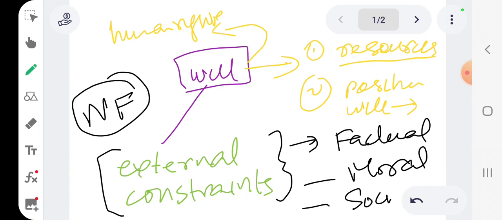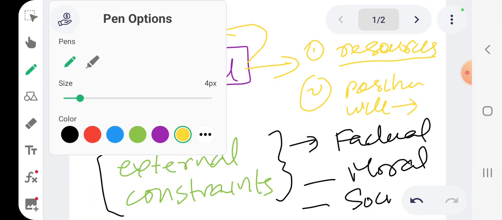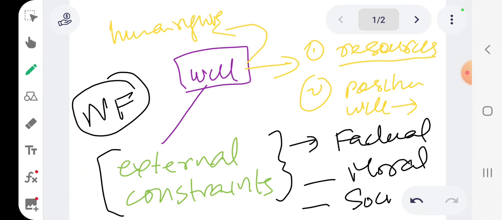The purpose of human rights is to coordinate the action of equally free wills in such a way that there's a minimum violation of other people's freedom. And that's where egalitarianism comes in, to which we will come after considering this first ingredient. Okay, so that's will.